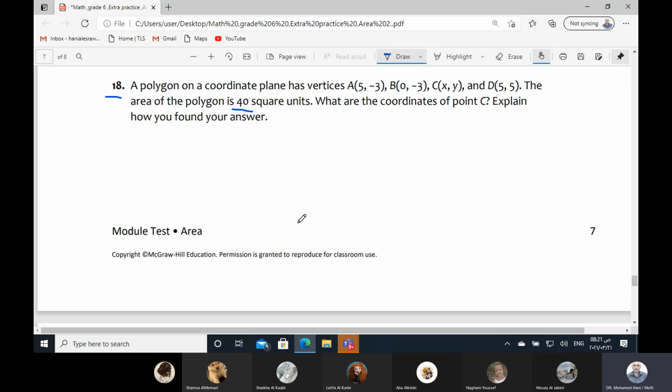I want all of you to draw the coordinate plane, then try to represent A, B, and D. We cannot represent C because we don't know the location of X and Y. Then you have the area. I want you to draw this coordinate, then try to find the location of X and Y. Start, please.